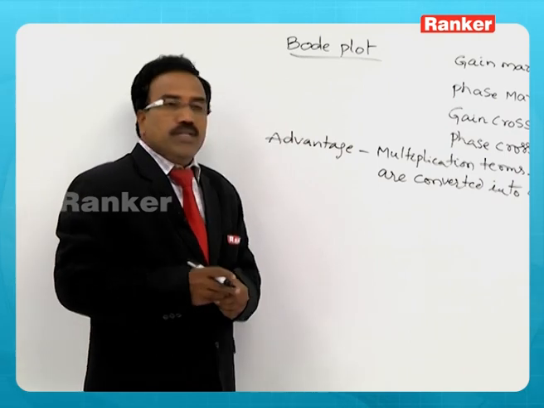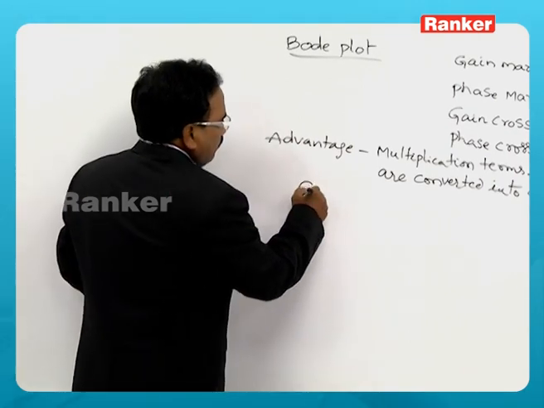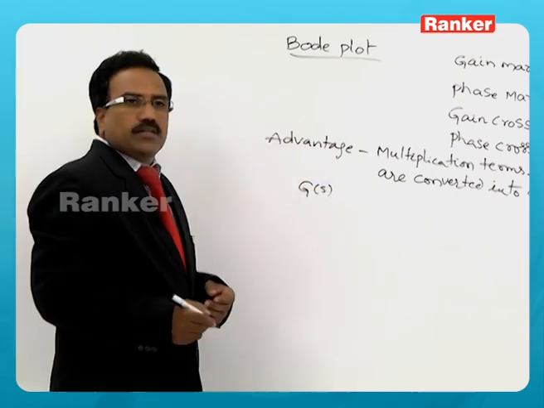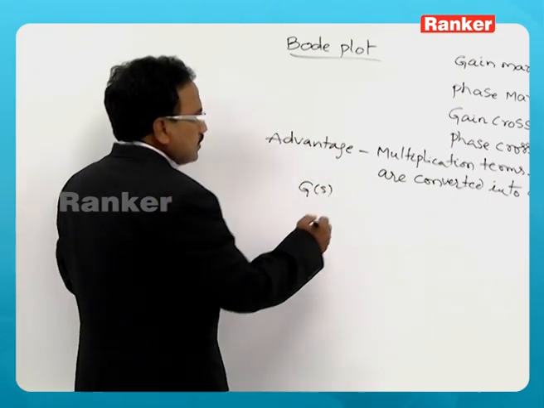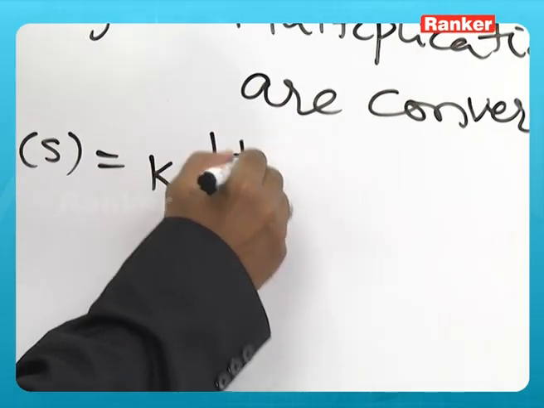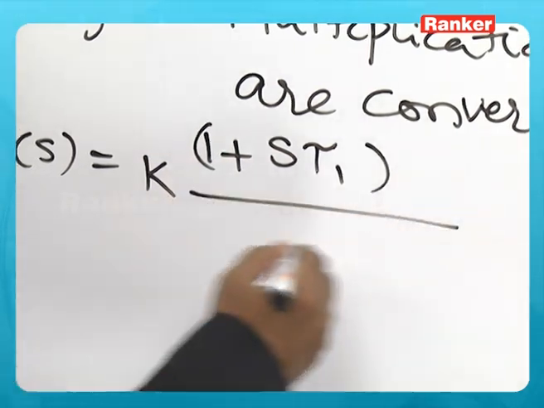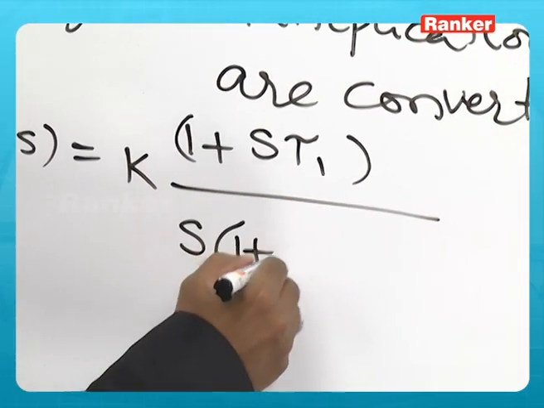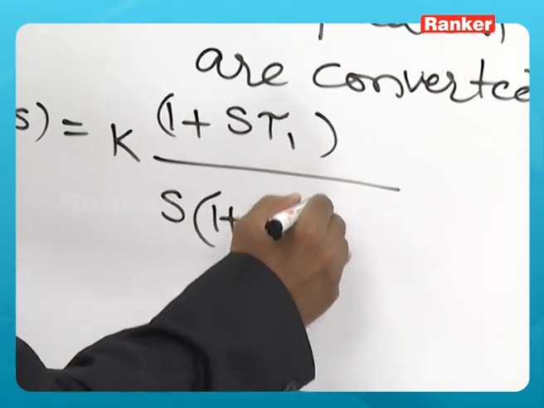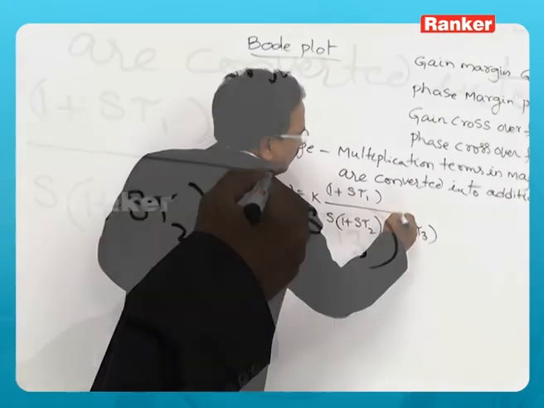So, the requirement for drawing the Bode plot is G of s. Let the loop transfer function G of s be given by K into (1 plus s tau 1) by s into (1 plus s tau 2) (1 plus s tau 3) and so on.